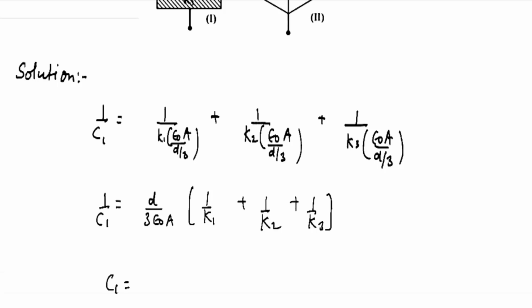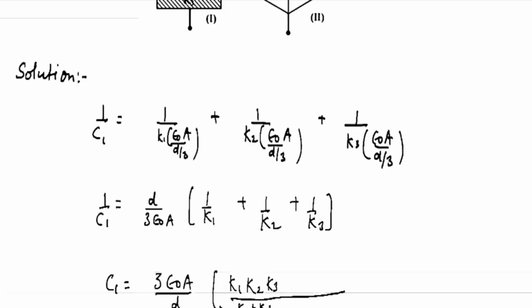So C1 is equal to 3 epsilon naught A by d times K1 K2 K3 divided by (K1 K2 plus K2 K3 plus K3 K1). So this is the value of capacitor C1.